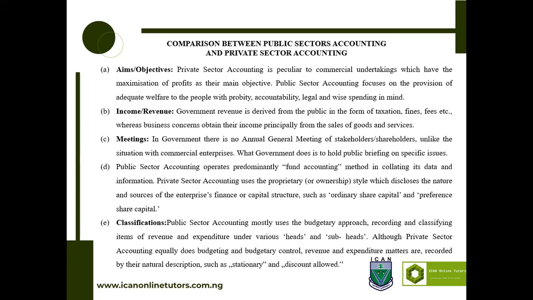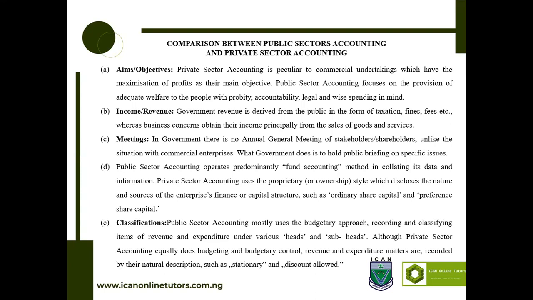Private sector accounting is prepared by private ownership. This is a private organization that is owned, and the major purpose of a private organization is profit maximization, to make profits. So the purpose of the preparation of private sector accounting is profit maximization.